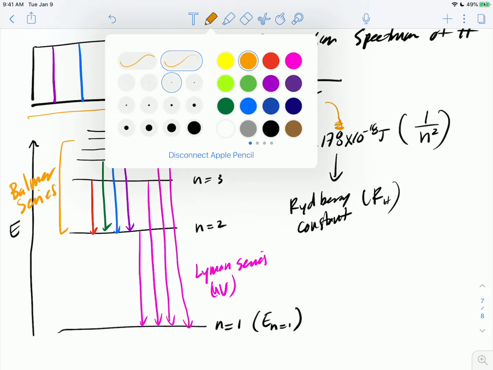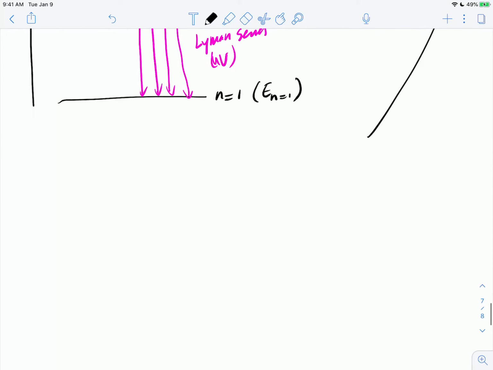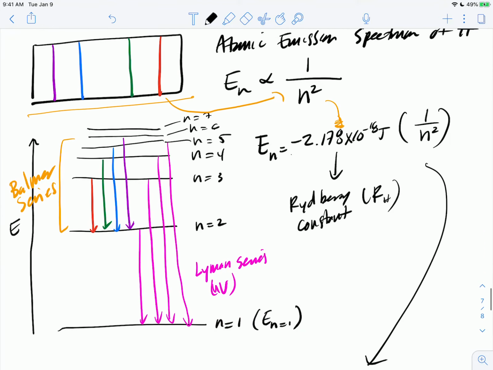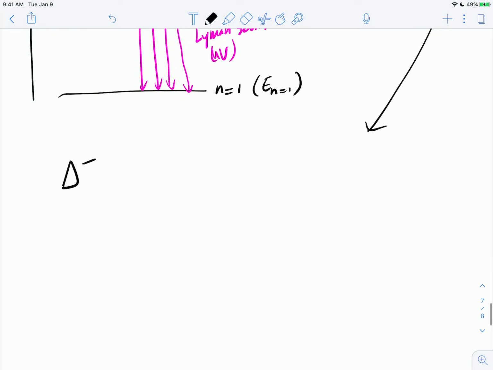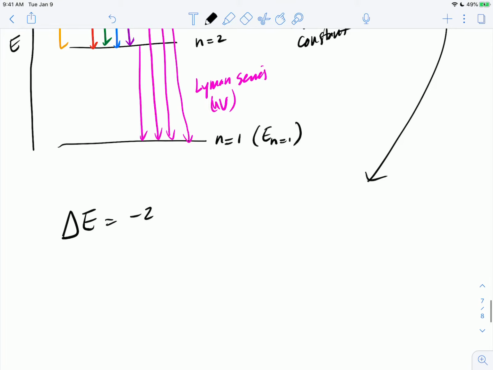So we're going to take this equation, and we are going to come down here with it, and we're going to say, what's the delta E? So if we're looking at red, if we want to calculate the wavelength of this, or the energy of the photon that is emitted from n equals 3 to n equals 2, then that's going to be a delta energy, and that is equal to the negative Rydberg constant, negative 2.178 times 10 to the negative 18 joules.